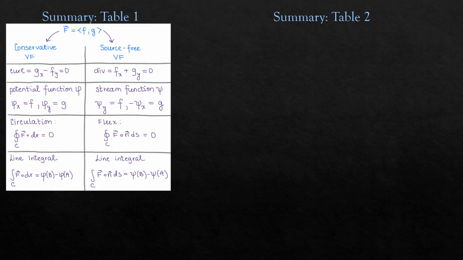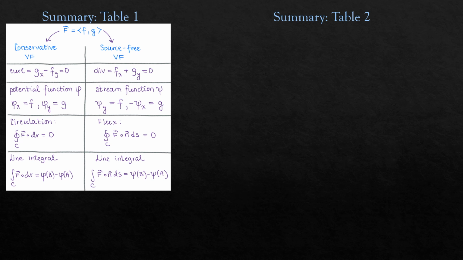So the first thing that I want to talk about is vector fields that are conservative compared to vector fields that are source-free. So let's say we have a vector field in R2, F, with components little f and little g.